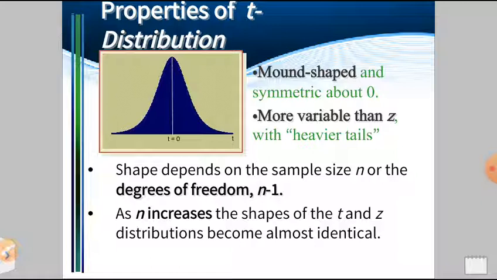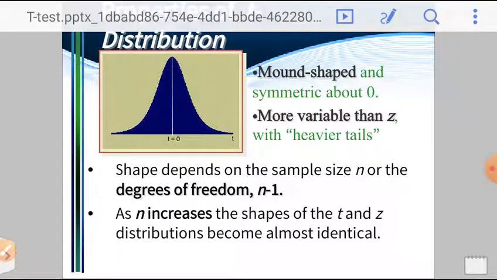Now, what are the properties of the t-distribution, and how is it different from the z? The first thing to note is that it is not a bell-shaped curve. The shape is known as a mound shape. And the property of symmetry is the same here: the t-distribution curve is also symmetric with respect to 0. One more thing you can note down is that it is more variable than z, that is, it has heavier tails.